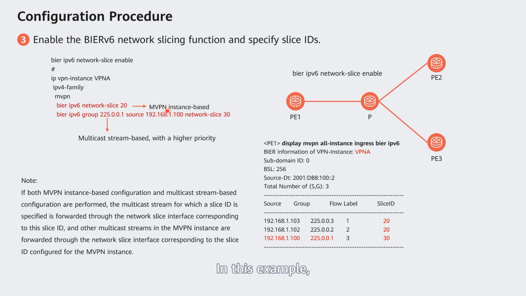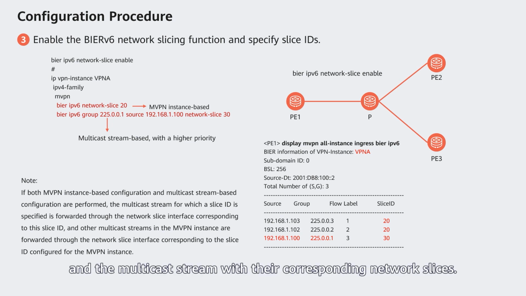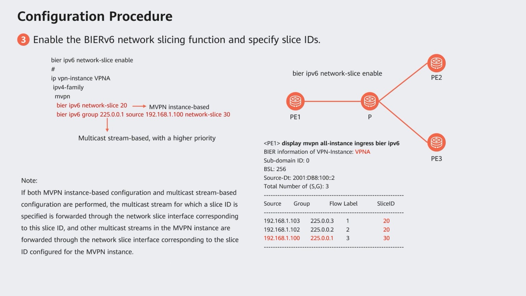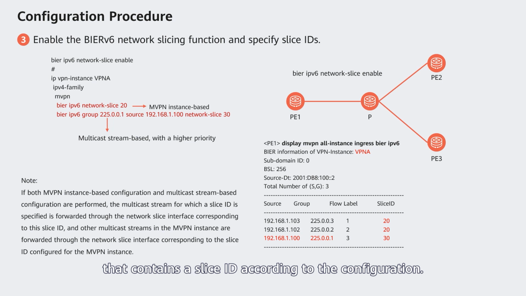In this example, 2 slice IDs are specified on PE1, one for the MVPN instance and the other for a specified SG multicast stream in the MVPN instance. This associates the MVPN instance and the multicast stream with their corresponding network slices. When PE1 receives a multicast packet of VPNA, it encapsulates the packet with an HBH that contains a slice ID according to the configuration.